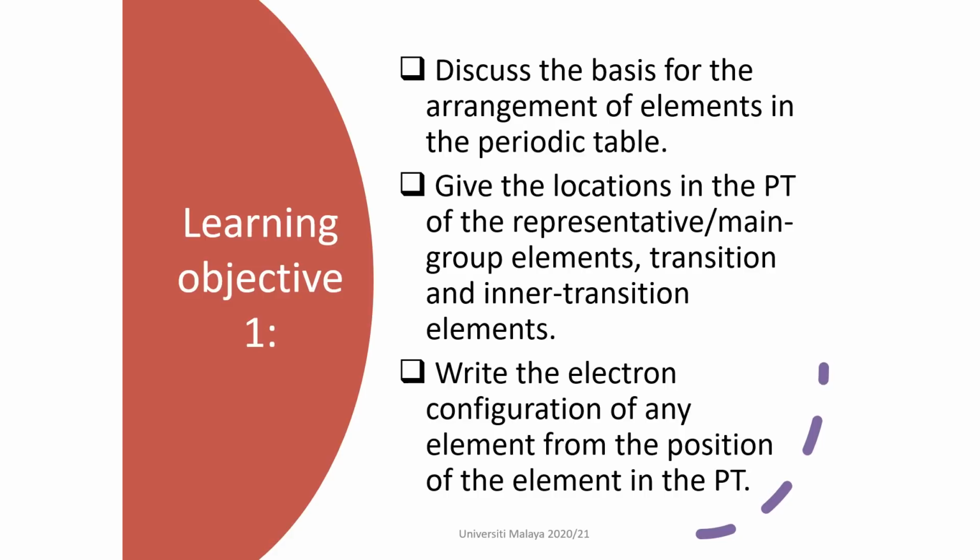Number two, you should be able to give the locations in the periodic table of the representative or main group elements, transition elements, and also inner transition elements. And number three, you should be able to write the electronic configuration of any element from the position of the element in the periodic table.